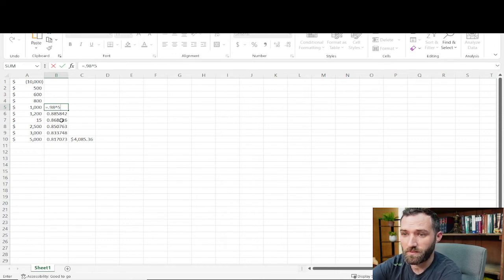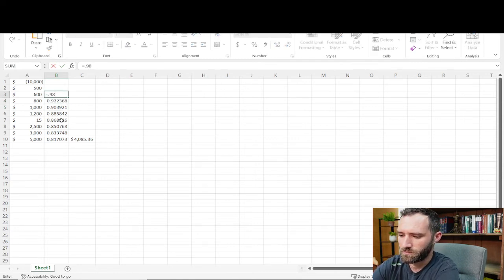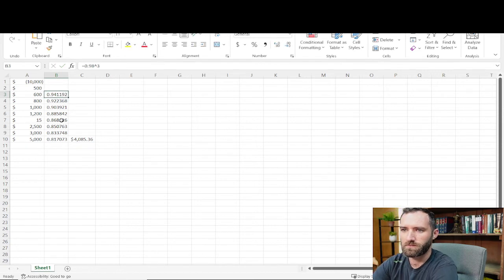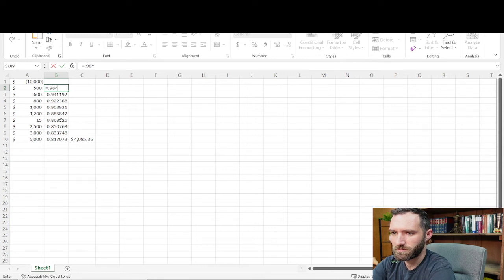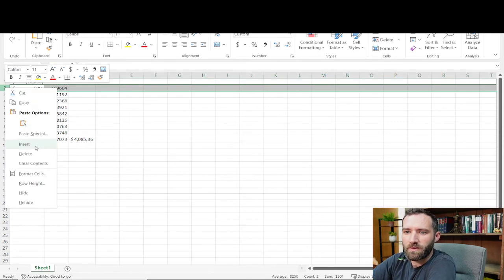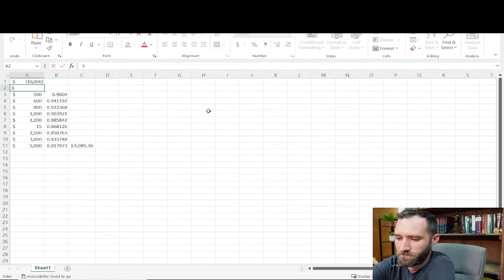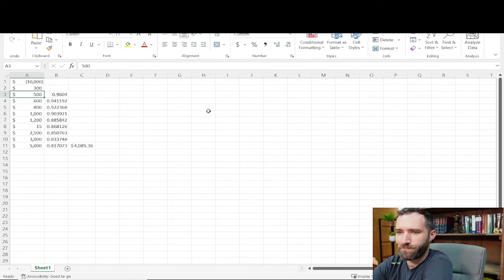There's almost definitely a quicker way of doing this, but I'm showing you longhand because I really want to illustrate what it is we're doing here. Actually, we need to add a line. I'm just going to go ahead and call it 300. Doesn't really matter.